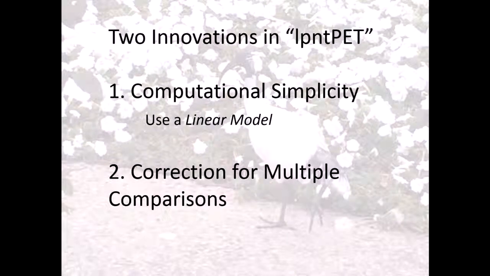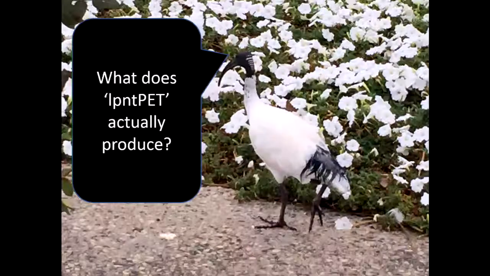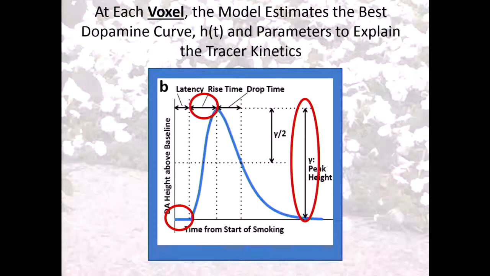All right. The other thing is, because we want to do this at the voxel level, there's all kinds of comparisons, and we chose to take the approach of using a cluster size threshold to determine what would be significant and what happened just by chance that we'd have to throw out. I haven't actually shown you what the model produces, but it produces something like this at every voxel.